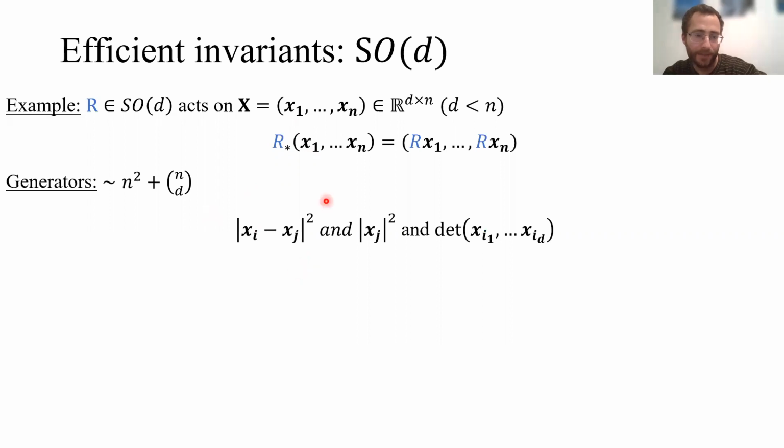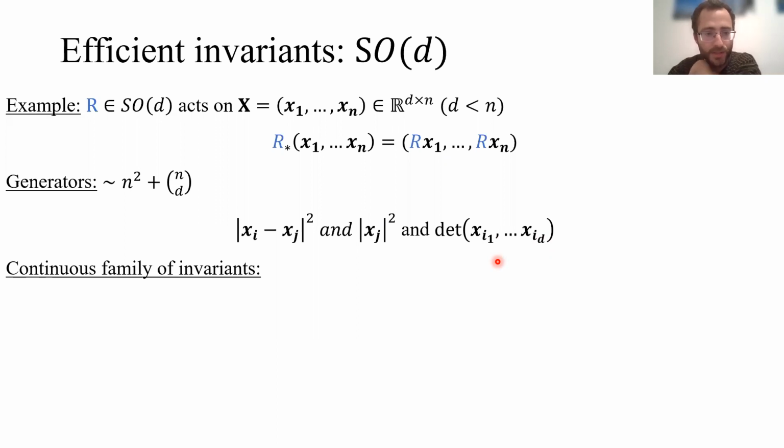You can look at the pairwise distances between all points, and the norms of points, and determinants of d by d submatrices. Okay, we're assuming d is smaller than n. So all of these together are generators. Again, we got a lot of those. Okay, we'd like to do better.